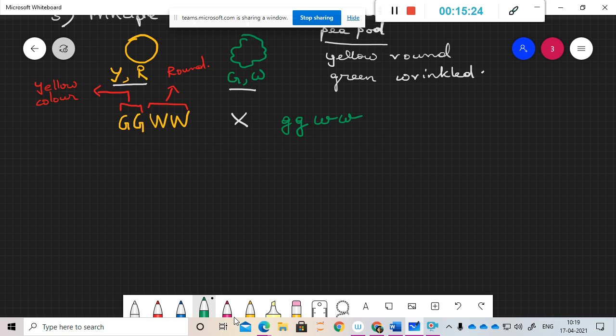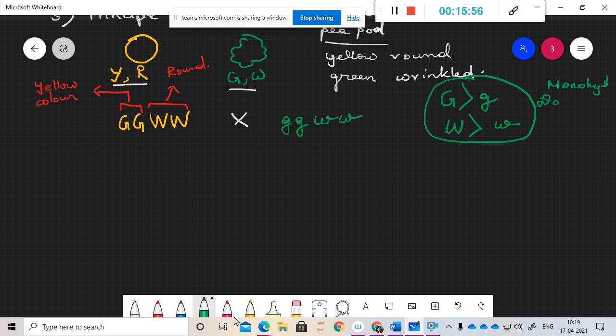So one thing was sure, that yellow was dominant over green and round was dominant over wrinkled. So this was what he got from the monohybrid cross, the law of dominance.